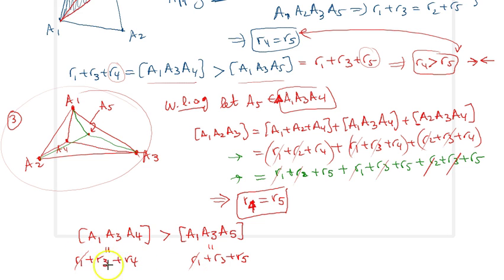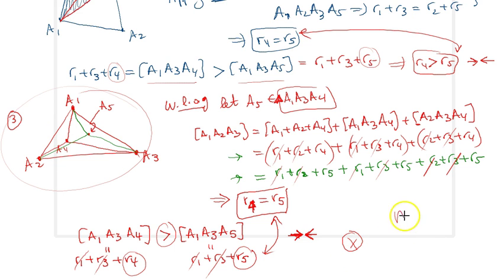And again, R1s and R3s cancel, suggesting R4 is strictly greater than R5. But again, a clear contradiction here. So therefore, this configuration where the smallest convex polygon spanning those 5 points is a triangle with 2 points inside of our triangle also does not work.